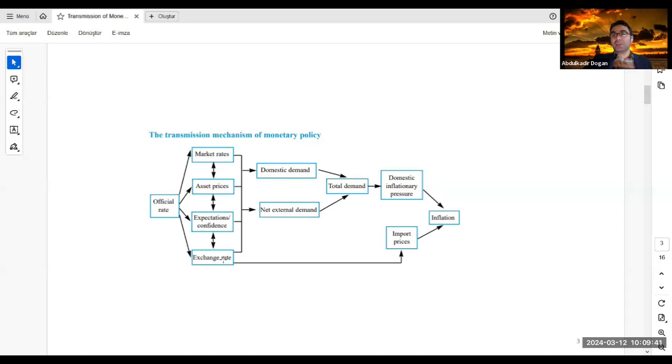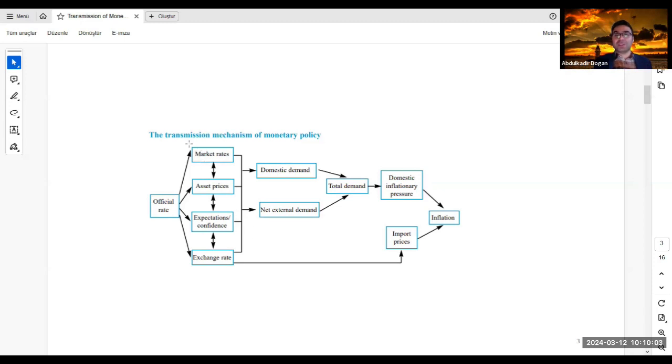We will try to cover all those things separately, and you will understand how this mechanism works and how people change their expectation, their consumption, and their saving decision according to this interest rate. Then the inflation at the end will change accordingly.